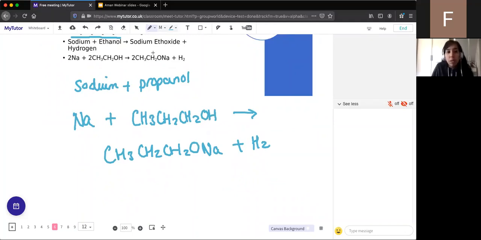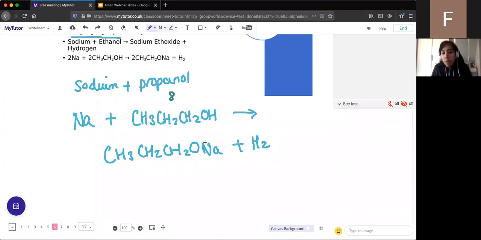So if you want me to go through that, if we have a look, there are 3 carbons here and 3 carbons here. So our carbons are all balanced. Then we look at our hydrogens. On the reactant side, there's 3 plus 2, which is 5, plus 2, which is 7, plus 1, which is 8. So there are 8 on the reactant side. On the product side, 3 plus 2, 5, 6, 7, 8, 9. So that means we need to make it even somehow.